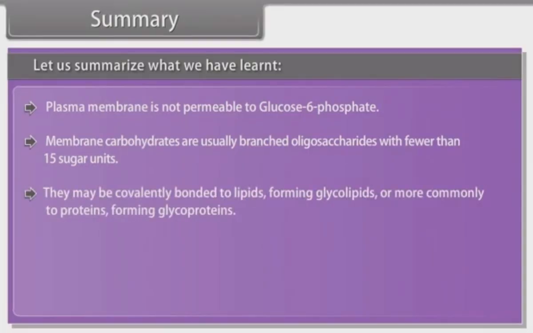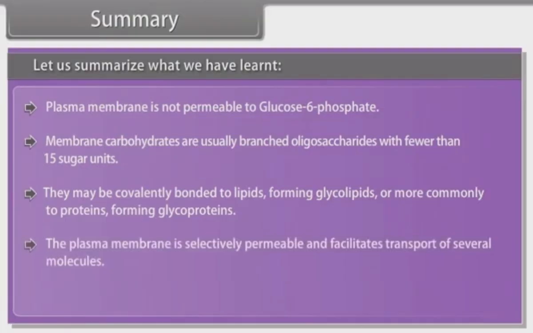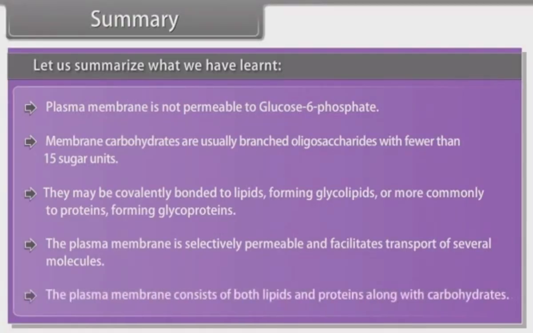They may be covalently bonded to lipids forming glycolipids or more commonly to proteins forming glycoproteins. The plasma membrane is selectively permeable and facilitates transport of several molecules. The plasma membrane consists of both lipids and proteins along with carbohydrates.